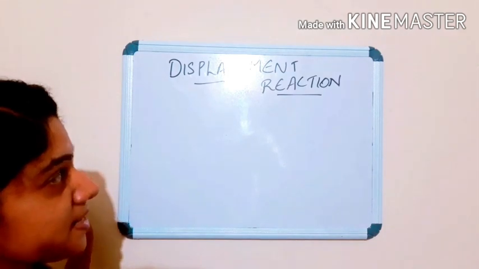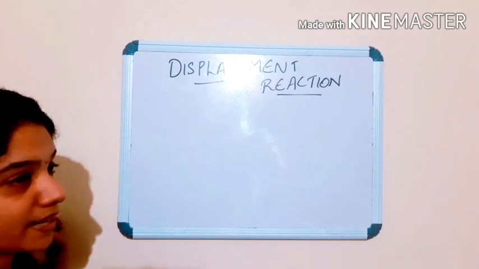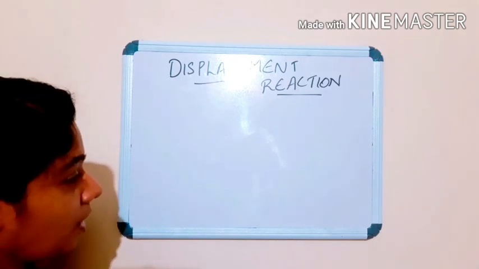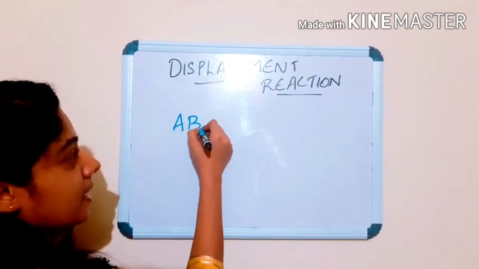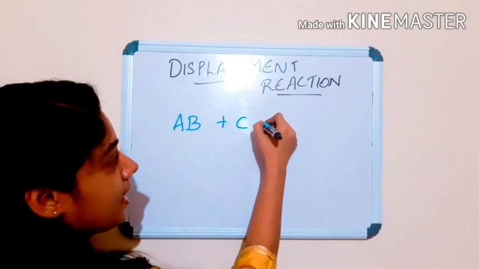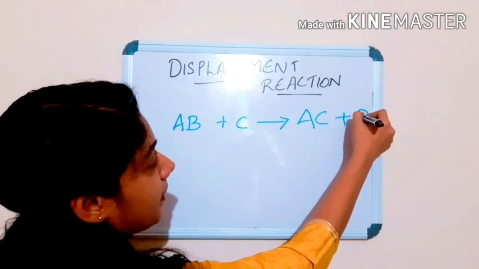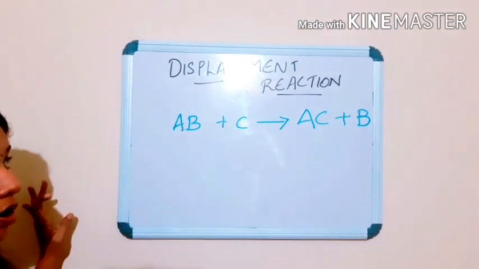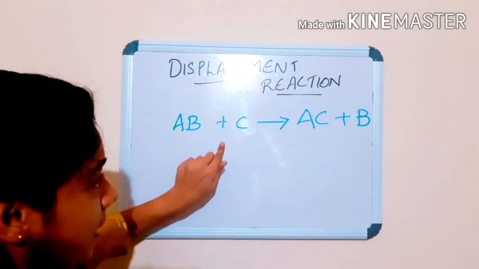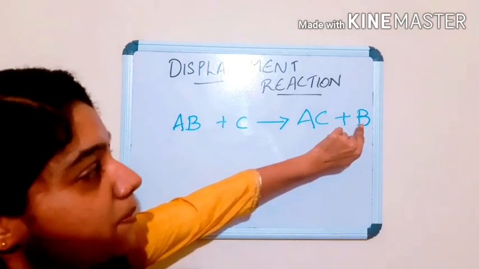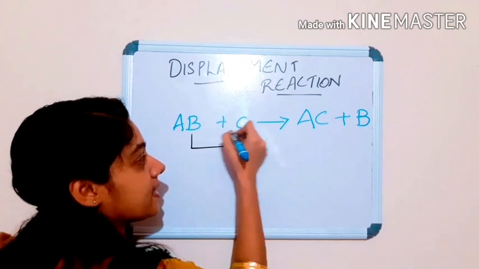So what is meant by a displacement reaction? We can look at its general formula. The general formula of the displacement reaction is AB plus C gives AC plus B. Now we can look at this reaction, AB plus C gives AC plus B. So there is a transfer of B and C taking place here.